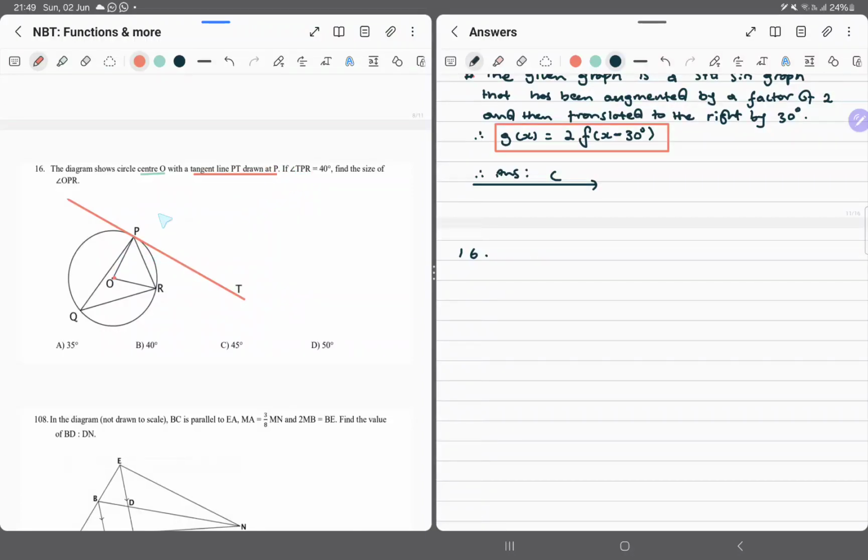Now we are told here also the tan chord theorem comes in. Maybe let's look at it and say tan chord theorem tells me that that angle will be equal to that angle. And more. This angle will be equal to that angle.